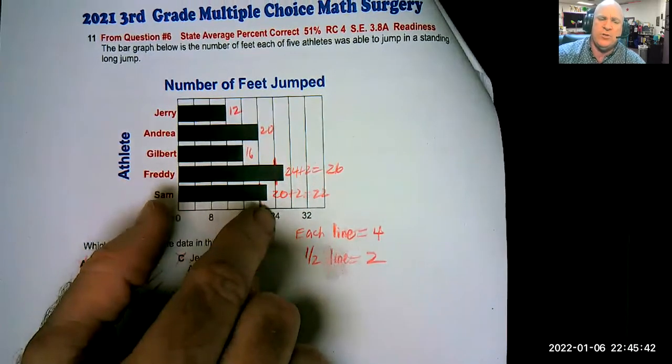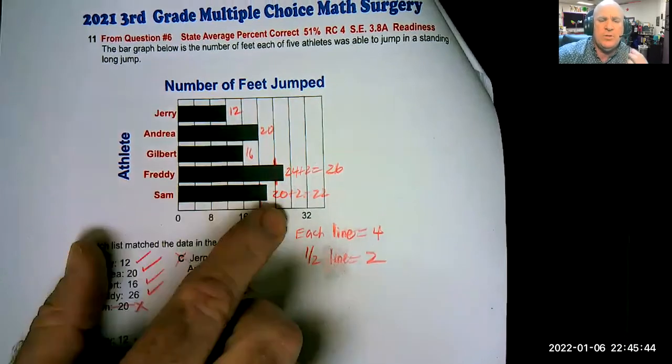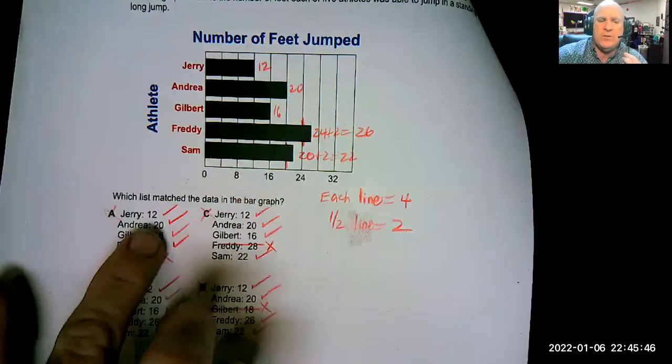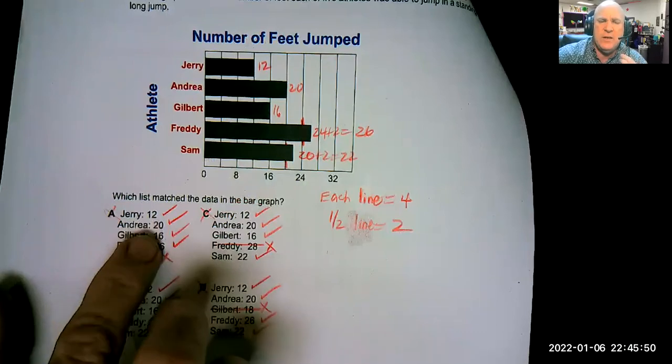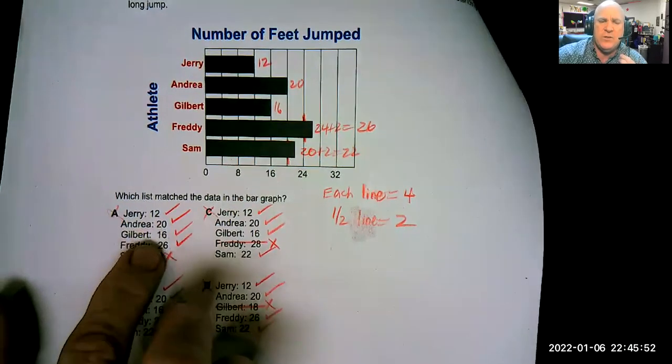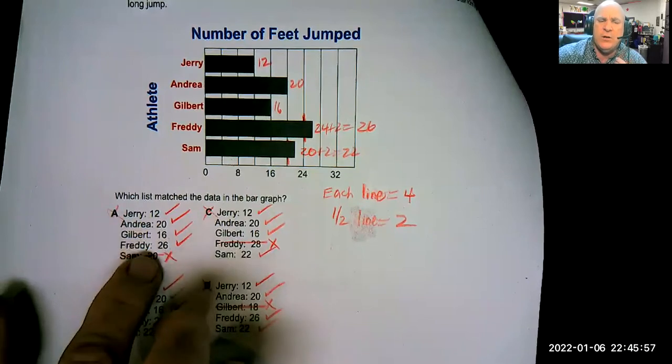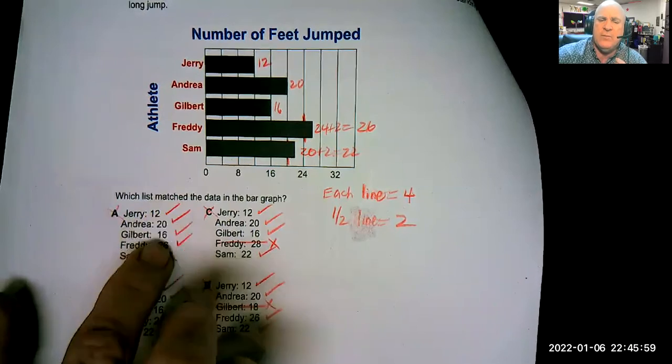So all we have to do is check one by one. Jerry, 12, yes. Andrea, 20, yes. Gilbert, 16, yes. Freddie, 26, yes. And so if kids are careless and don't check all the choices, they will end up getting one wrong.